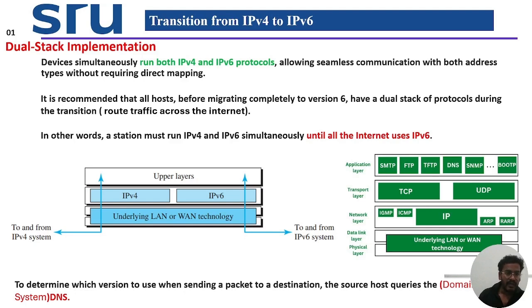In other words, a station must run IPv4 and IPv6 simultaneously until all the internet uses IPv6. So until all systems come to IPv6, we can use IPv4.